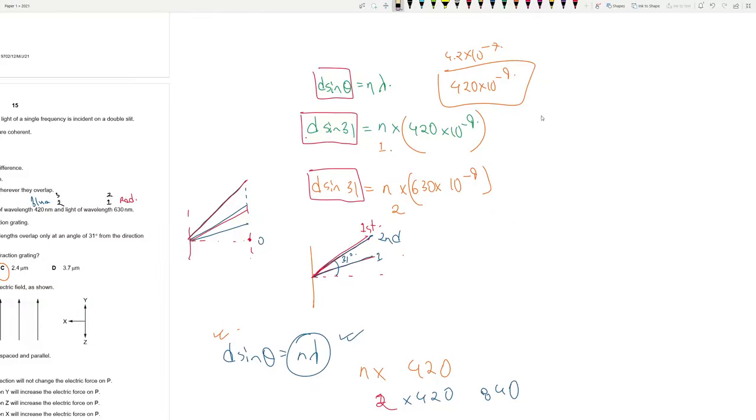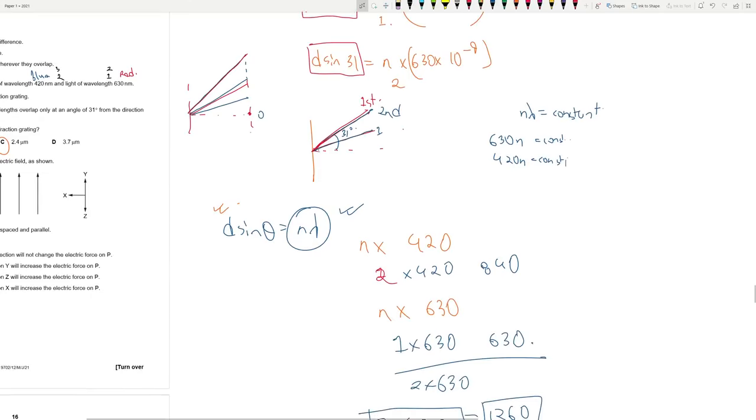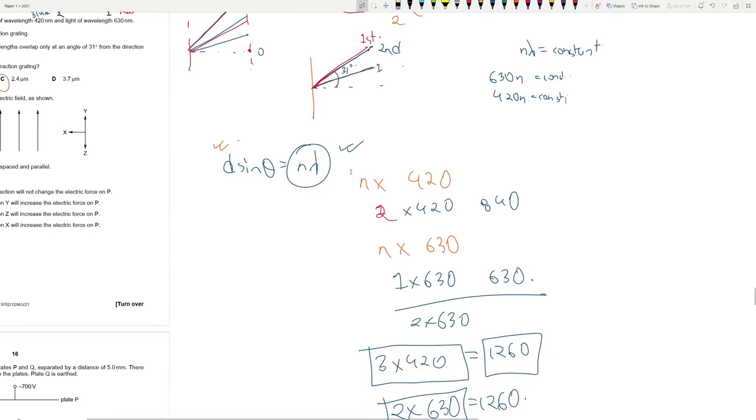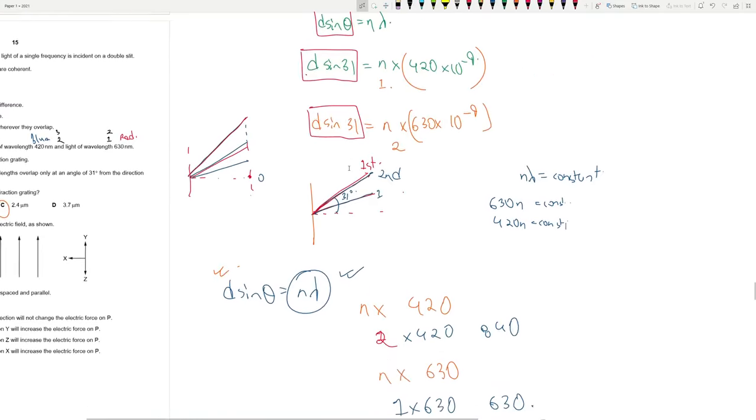So we can say that n lambda is equal to constant. So for red light, what is it? 630 n is equal to constant. And for blue light, it's 420 n is equal to constant. So let's try the possible combinations that I just gave you. Okay, like 2, 1 and 3, 2, or even 4, 3. Let's just keep on going until it matches. All right.